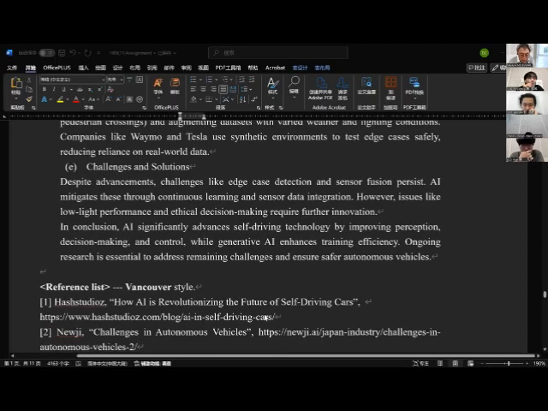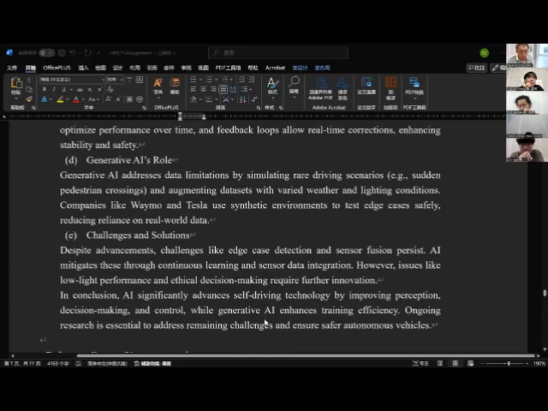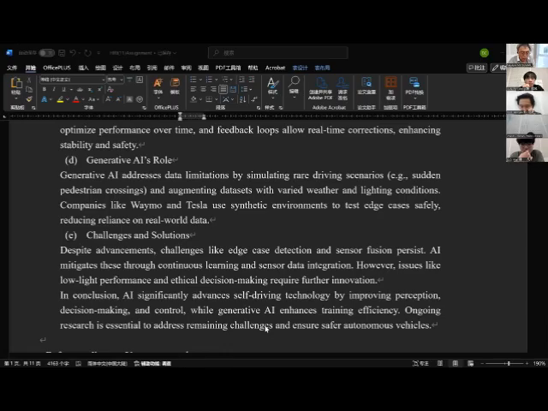Challenges and solutions. Despite advancements, challenges like edge case detection and sensor fusion persist. AI mitigates this through continuous learning and sensor data integration. However, issues like low light performance and ethical decision-making require further innovation.